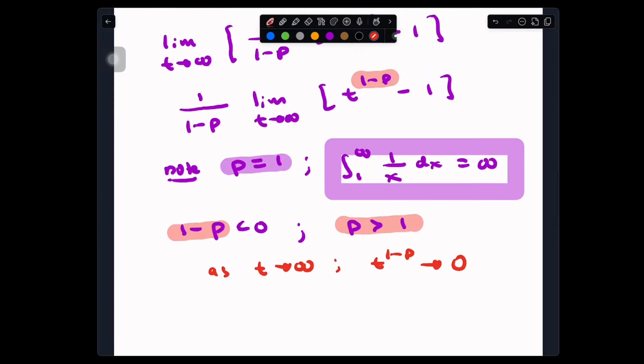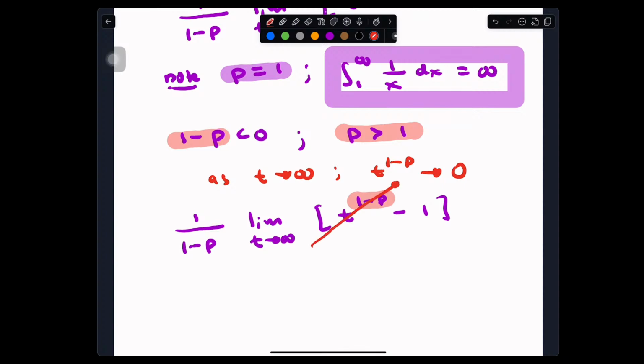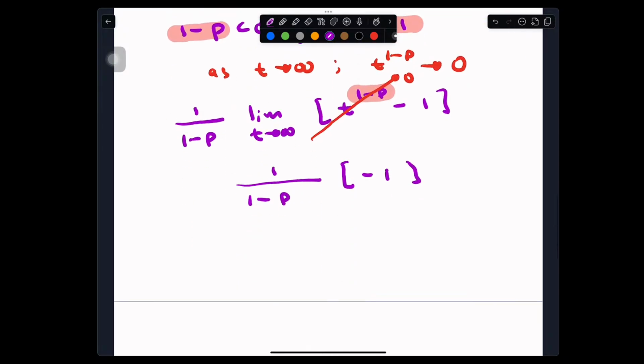So what we're saying here is that this portion over here goes to 0. So that the limit now is really going to be negative 1. And so we get 1 over really p minus 1.